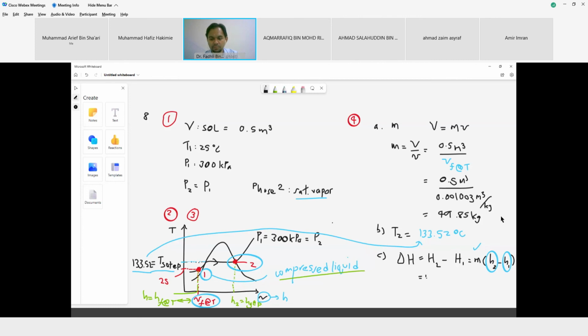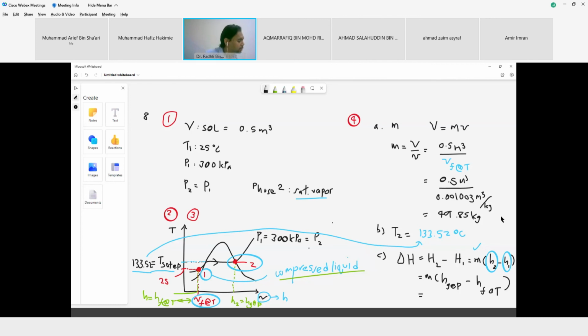F is given. H2 adalah Hg at the given pressure minus H1 adalah Hf at the given temperature. Okay, so dapatkan kedua-dua value, then you can find the final answer.